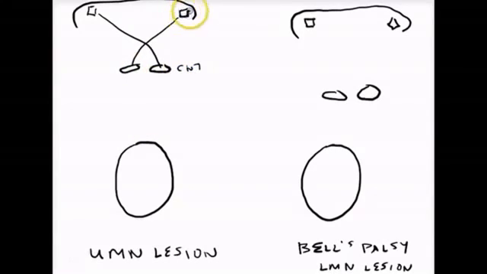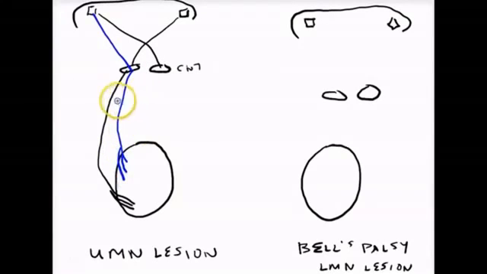Okay, so we get supply from the corticobulbar fibers that decussates, goes to cranial 7 nucleus, and then those fibers supply the lower part of the face. Now, on that same note, we have ipsilateral fibers that do not cross over and they stay ipsilateral. So these fibers, the ipsilateral fibers, are going to supply the upper part of the face.